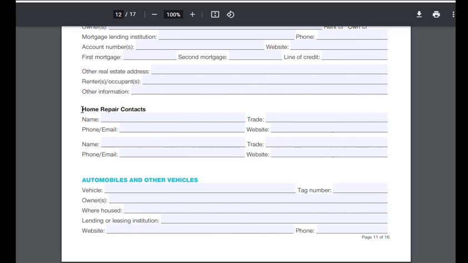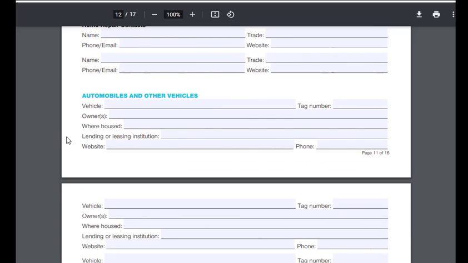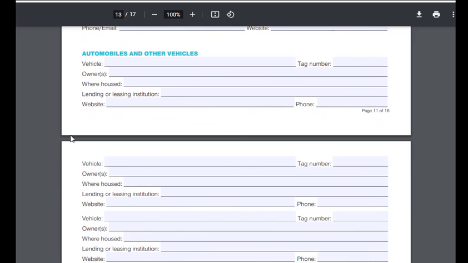So you may want to share that information for any home repair contacts and put that in there. Also, the information about your automobiles and any vehicles, your license plate number. Maybe if you still have a car payment due on that, you would put who that lender is.